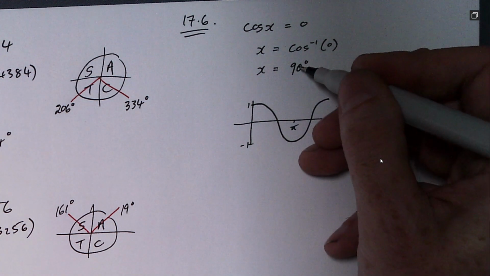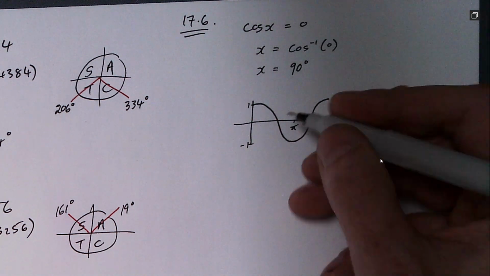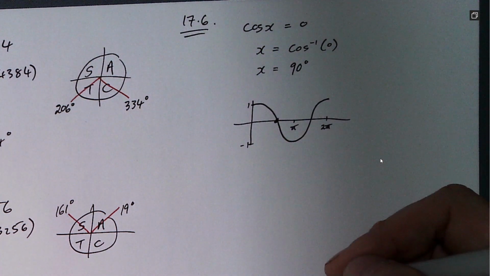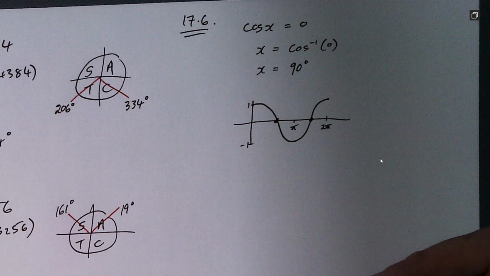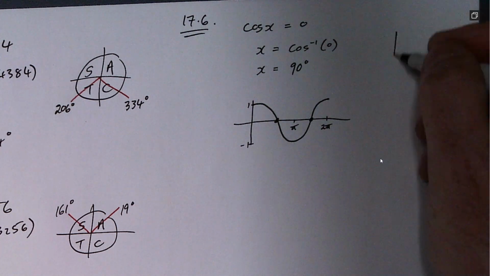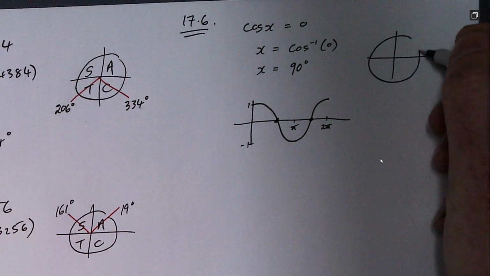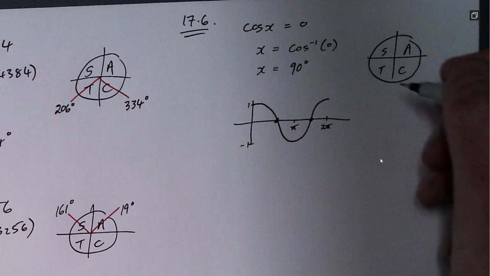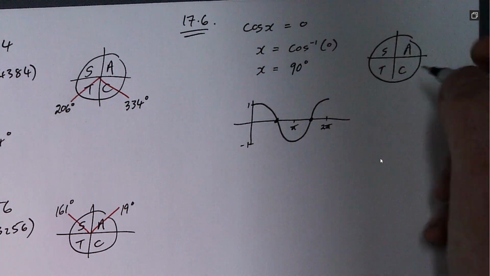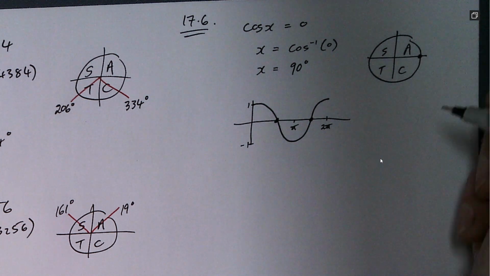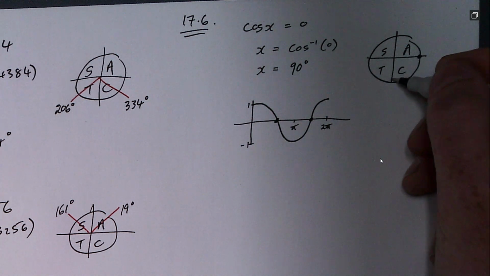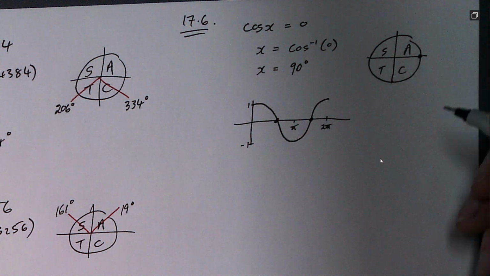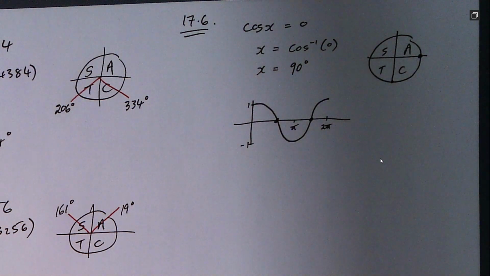Now at 90 degrees, we see x equals 0, the value is 90, and also 270. Now we go to the CAST circle, C-A-S-T. Now cos equals 0, so it reaches 0 here and also at 270. Now the point is the cos of 270 is 0.